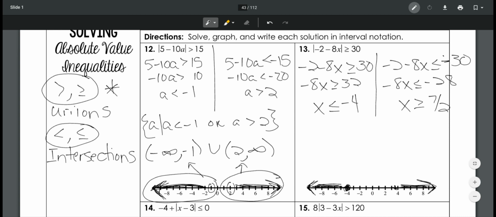My interval notation is exactly what I see, so negative infinity to negative 4 with a bracket because of the closed circle. Union that with a bracket on 7 over 2 all the way out through infinity. So I've done everything it asked. I solved it, I graphed it, and I wrote my solution in interval notation.